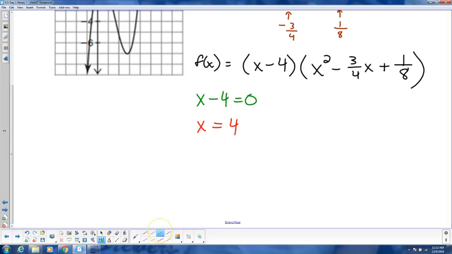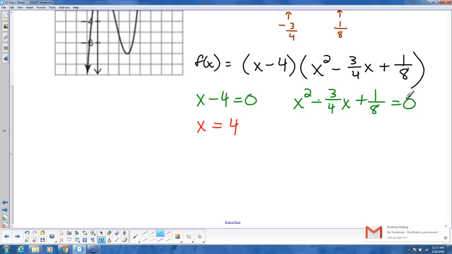Okay, good there. X squared minus 3/4 x plus 1/8 equals 0. Not factorable, or I don't even want to try factoring it, because it's got ugly numbers. So I can use the quadratic formula.